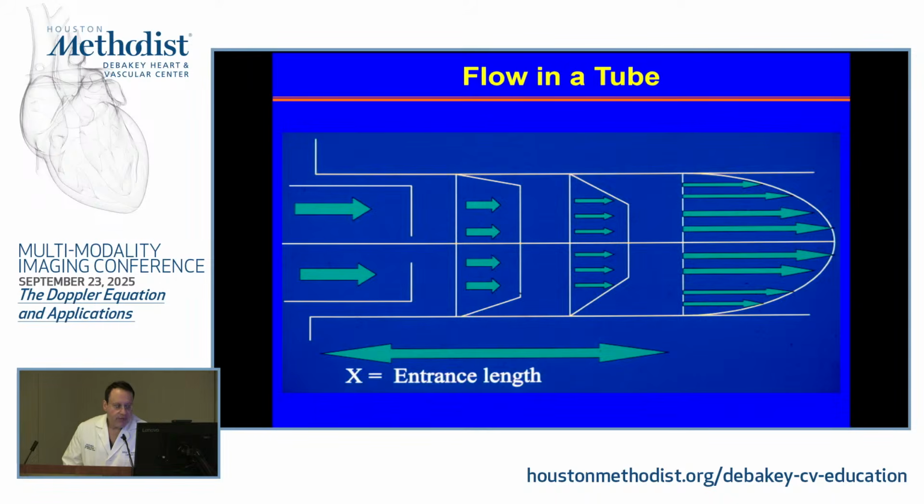So if we think of no impediment to the flow into the tube, as the fluid progresses along that tube, the layers of the fluid that come in contact with the wall of the tube will have zero velocity, and then that velocity keeps getting higher and higher as you move towards the center where the velocity is highest. So it has the shape of a parabola as you see here. The distance from when the fluid enters to when this shape is well formed or developed is referred to as the entrance length.